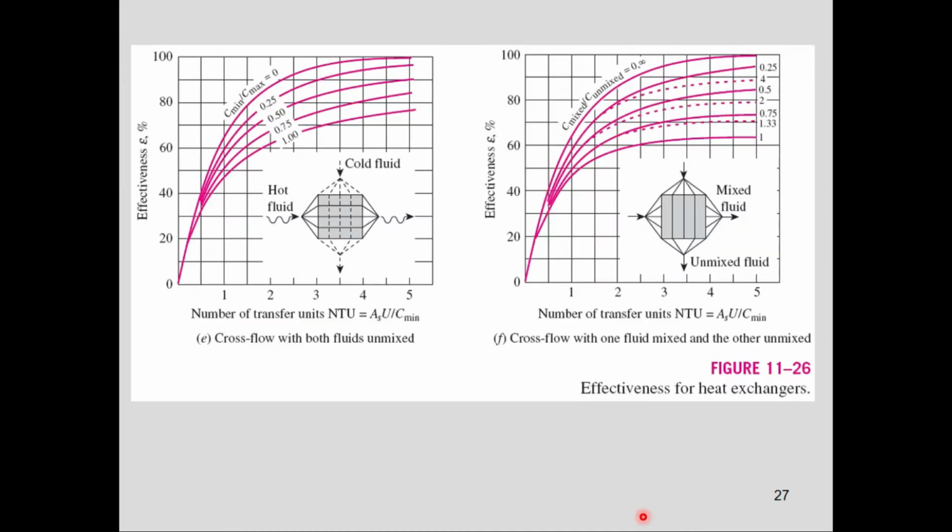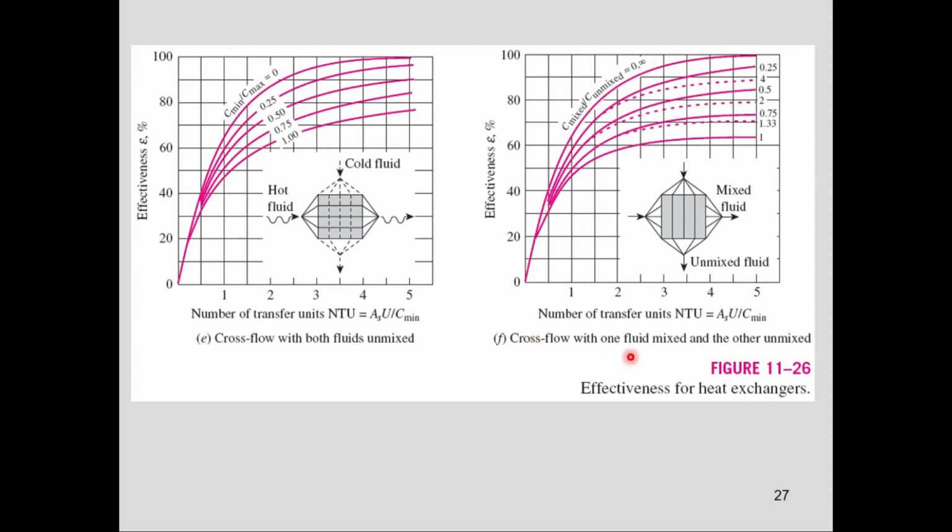Similarly, you can have the value of the effectiveness for the cross flow geometry with both fluids unmixed. What you have to do is determine the value of NTU over here, and then the capacity ratio. You will draw the vertical line over here. Whatever the capacity ratio you have, for example 0.5, you will go over here, and then you will draw the horizontal line. You will get the effectiveness of that particular heat exchanger.